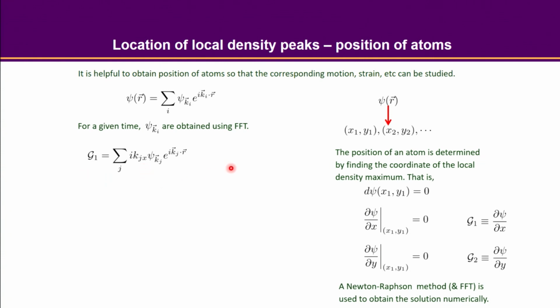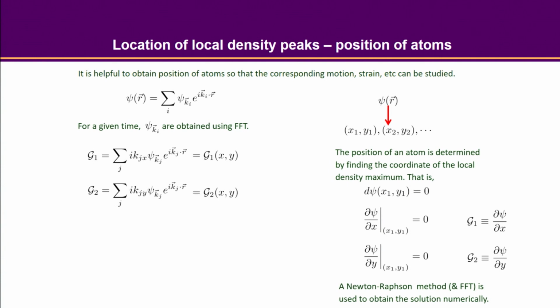What it means is that now G1 is just a function of space. Just give me one coordinate, x and y, plug it in, and I get a value. If for a set of x, y, when I plug it in, that's equal to 0, that satisfies the first constraint. The same thing I can do for the second one.